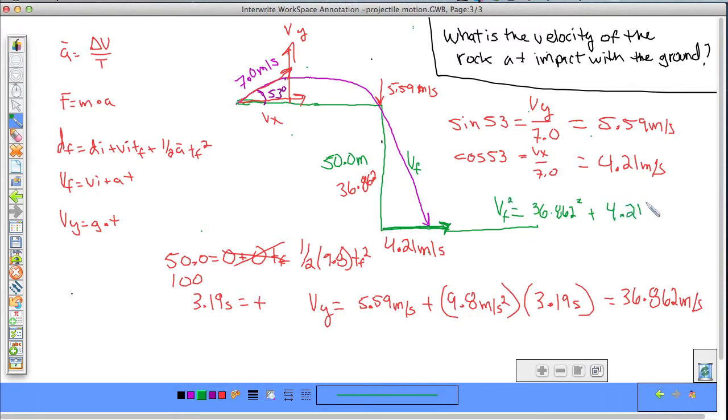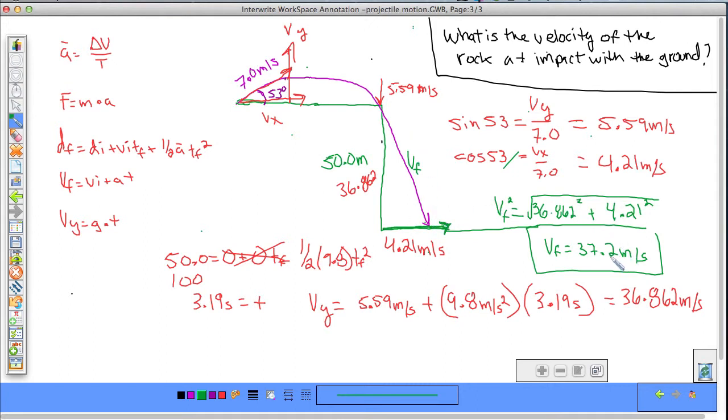If I square those, add them together, and take the square root of them, I get my velocity final in here as 37.2 meters per second. So that's my answer right there. This rock is going to be going 37.2 meters per second when it hits the ground.